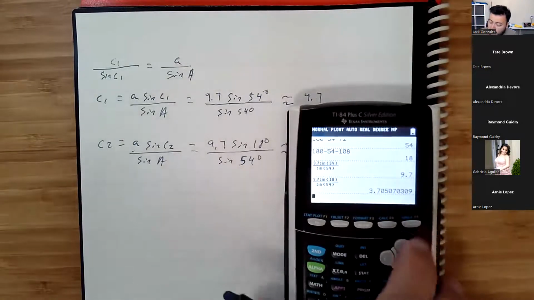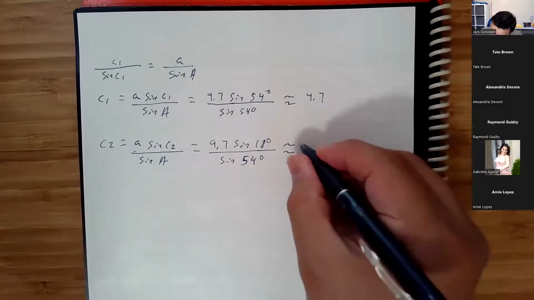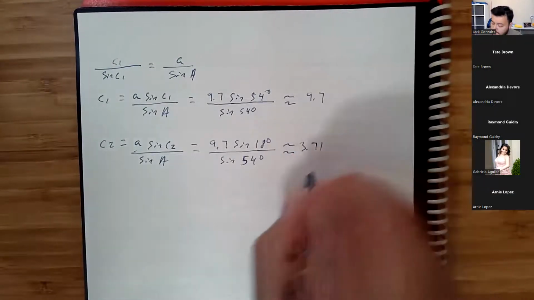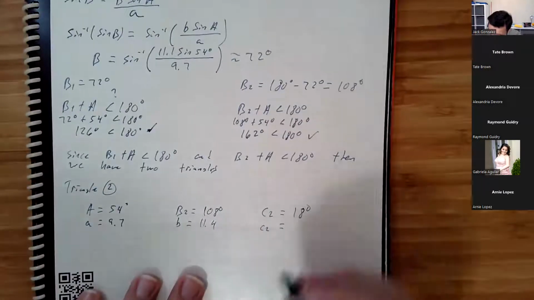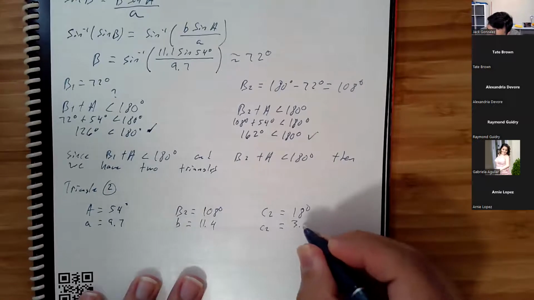So 3.71. And that's it. So we found both triangles.